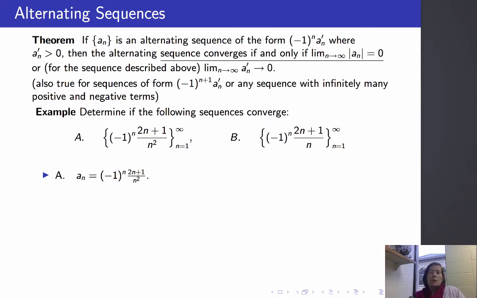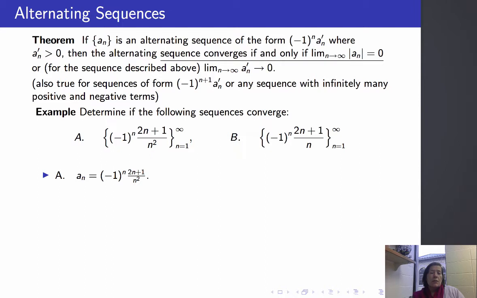Of course, this is because if it approaches anything else, as we'll see in a diagram later, the terms of the sequence bounce back and forth between positive and negative numbers that are far away from each other. This is quite often a simple test to apply, and we're going to apply it here to two sequences.